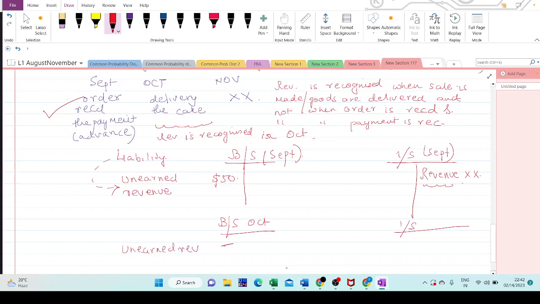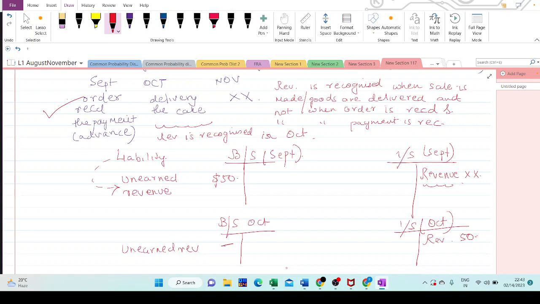So this $50 would be removed from the balance sheet, and we would recognize revenue of $50 in the income statement. $50 was basically the price of the cake, right?